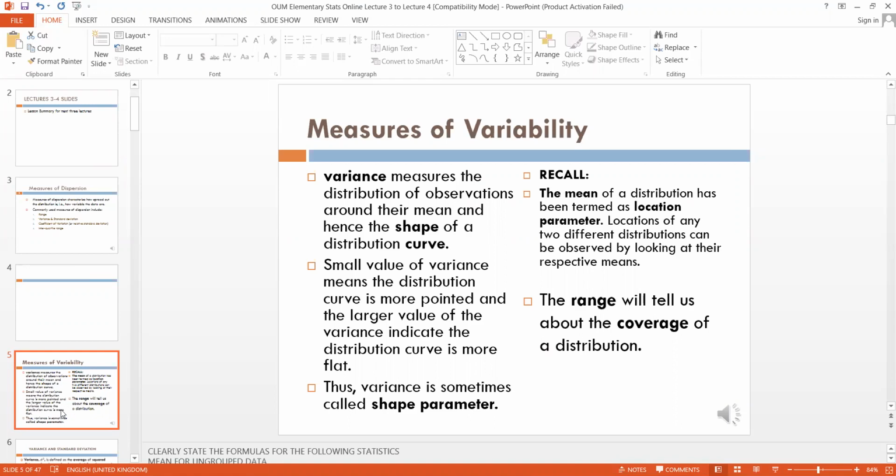The variance measures the distribution of observations around their mean, and hence the shape of a distribution curve. Small values of variance mean that the distribution curve is more pointed, and a larger value of variance indicates the distribution curve is more flat. We've talked about the range, which tells us the coverage of the distribution already. So let's move on.